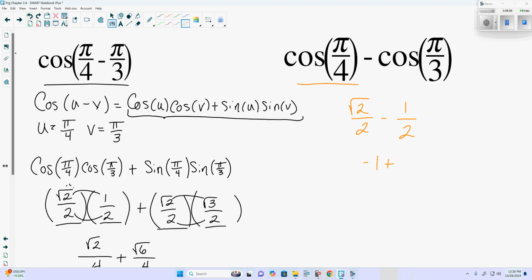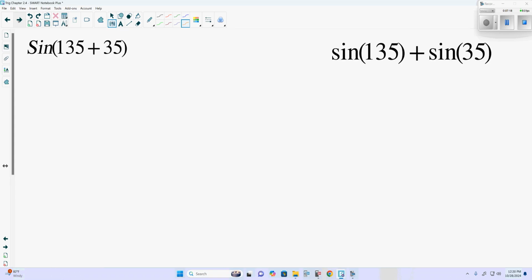Keep the order the same. So really, we have the square root of 2 minus 1 over 2. And this is not the same value. It does give us different answers. Questions on this first part? Let's look at the next one. Sine of 135 degrees plus 35 degrees.